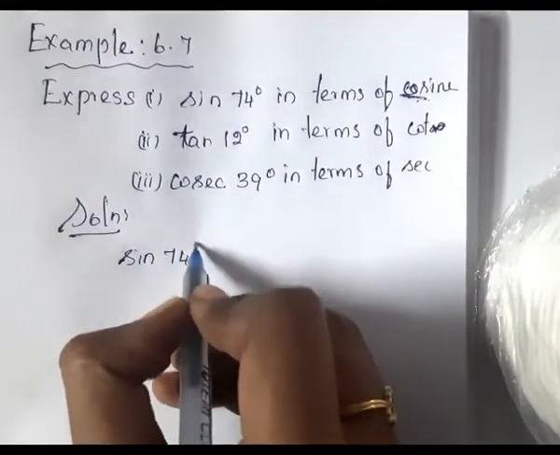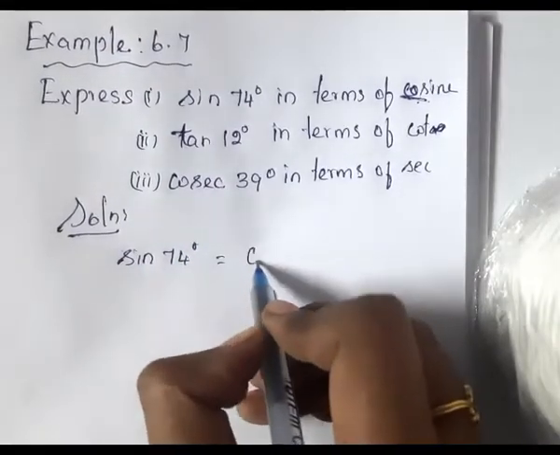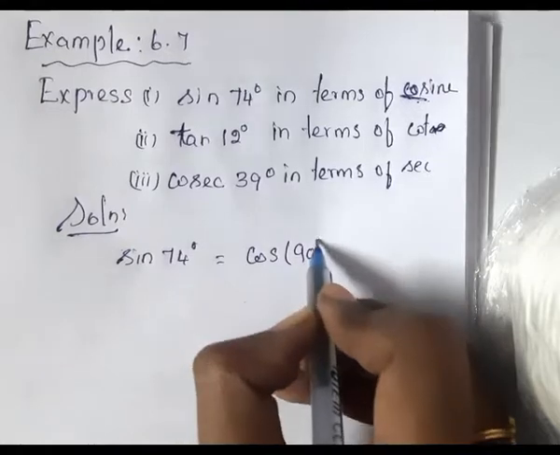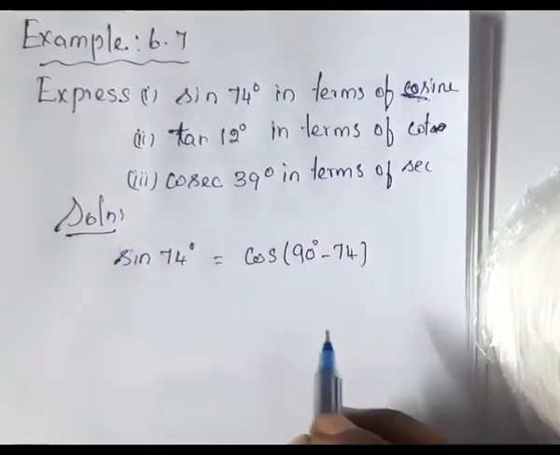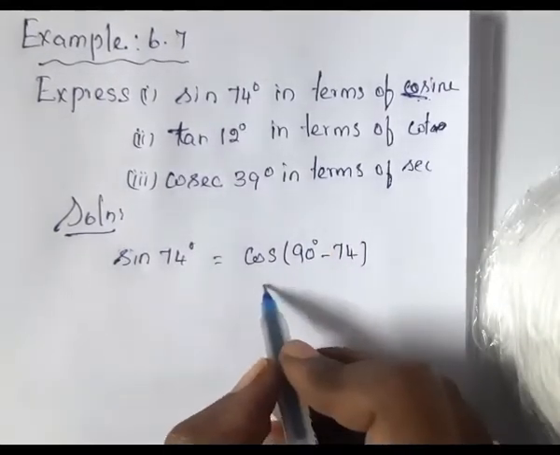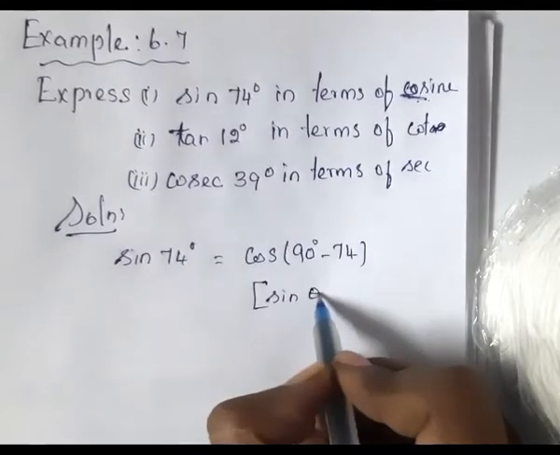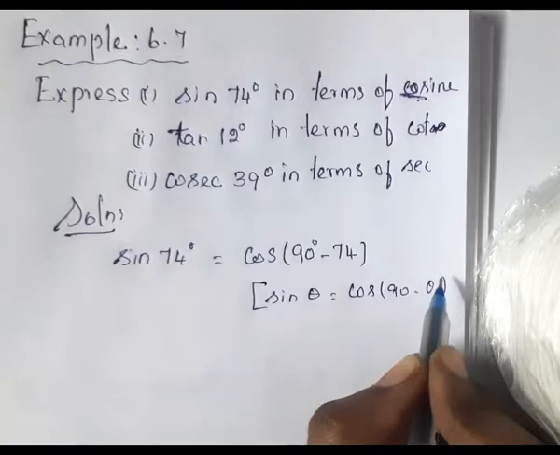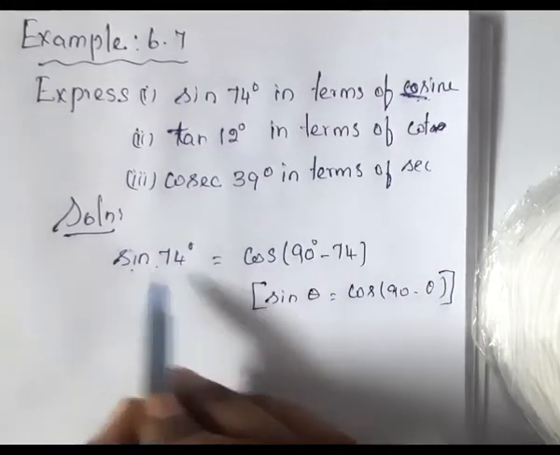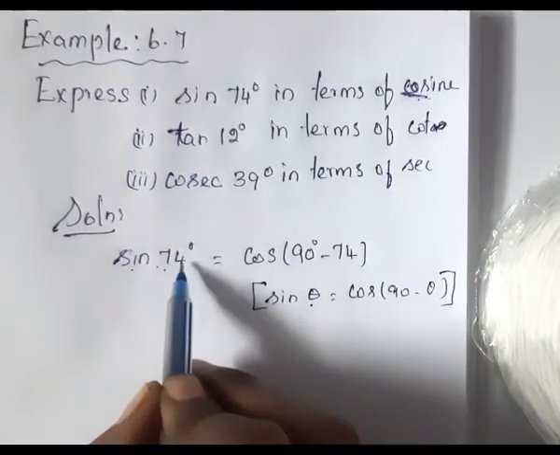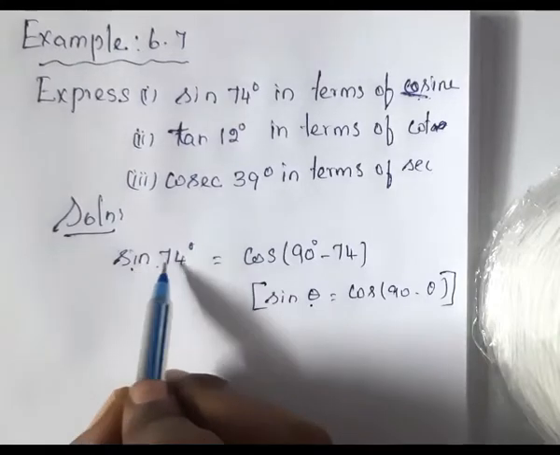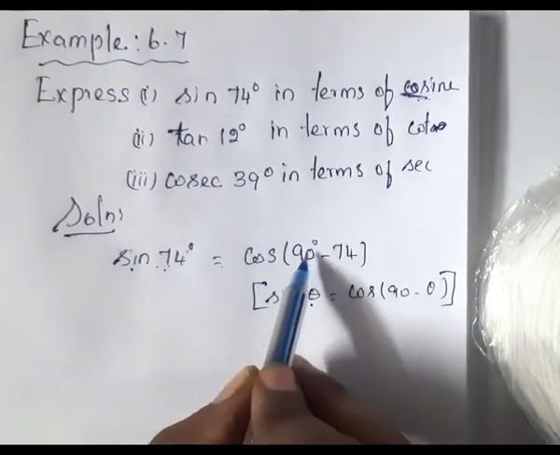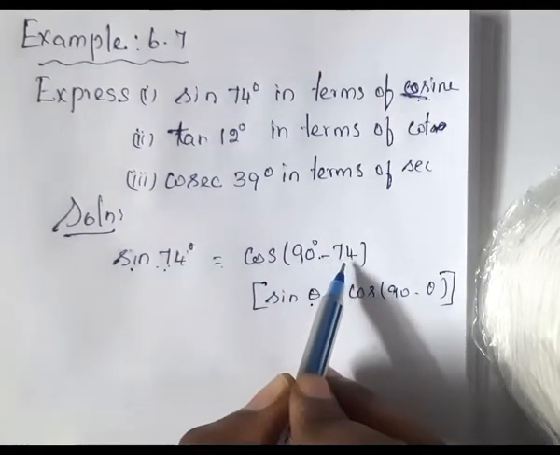Sin 74 degrees we can write as cos 90 degrees minus 74. How can you write this? Because you know sin theta equal to cos 90 minus theta. So in place of theta we have 74 degrees. So sin 74 degrees equal to cos 90 degrees minus 74.